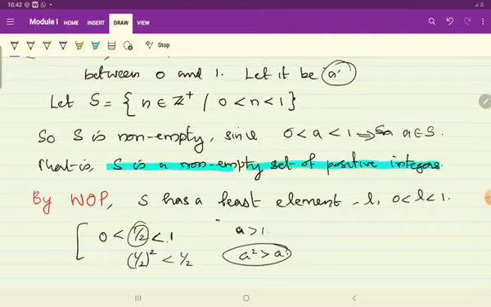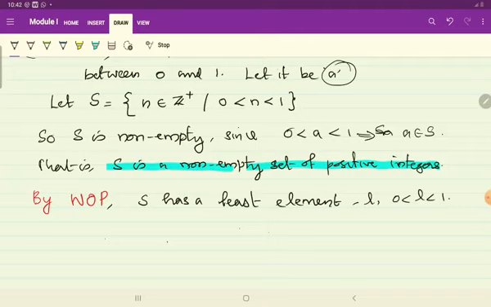Now we have obtained by the well ordering principle that S contains a least positive integer L between 0 and 1. So what about L square? Since L is in between 0 and 1, L square must be in between 0 and 1, and it will be less than L also. So L is less than 1 and this is greater than 0, since L is greater than 0.